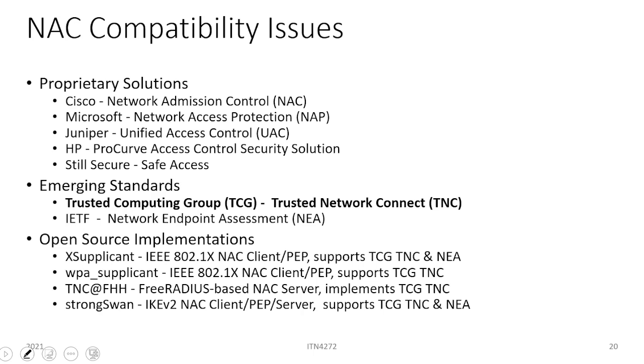So we will particularly look at Trusted Network Connect today, because it is a common standard and it is becoming much more widely adopted recently, and it could become a more commonly accepted and more widely used standard in the future. That is the expectation. So we will look at that in a bit more detail today.